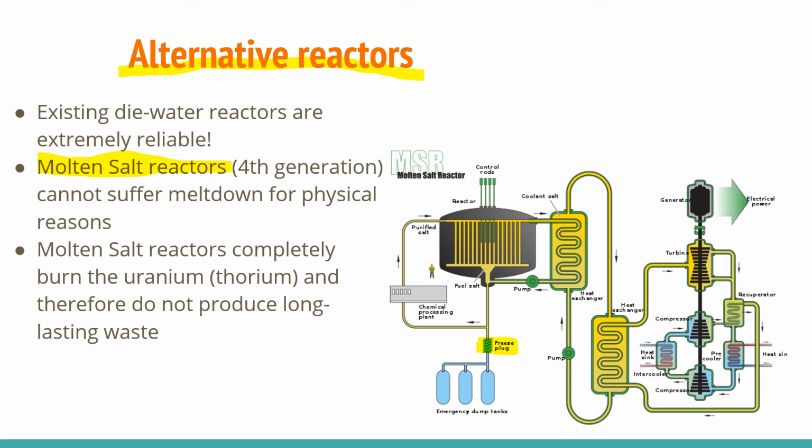And you cool that. And if something goes wrong, if the cooling system goes wrong, or if the system in here gets overheated, this plug will open and all the radioactive material is dumped into so-called emergency dump tanks. There it is so split up that no critical mass is present and it's easy to cool.